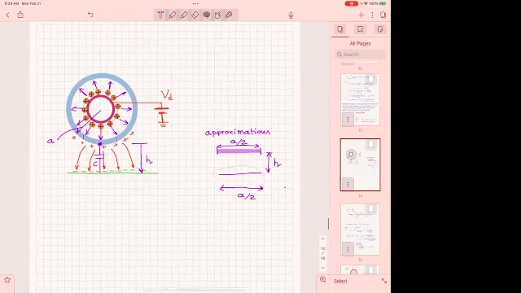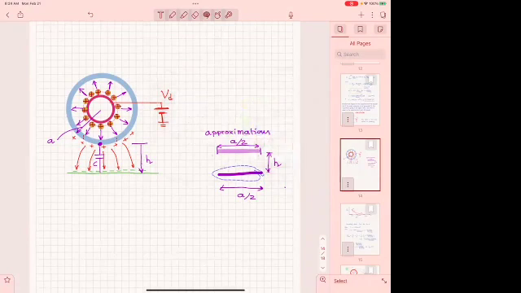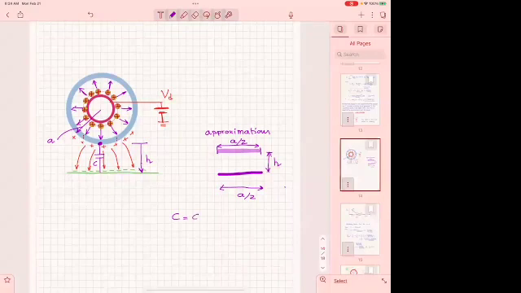How much is the capacitance of this? Do you remember? The capacitance of this will be epsilon naught times the area of the upper conductor divided by H.